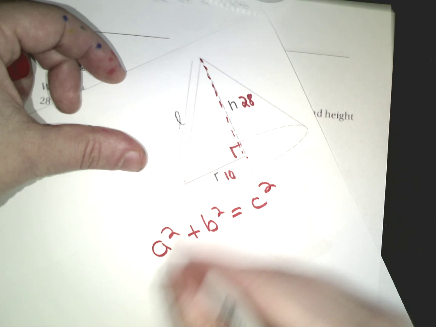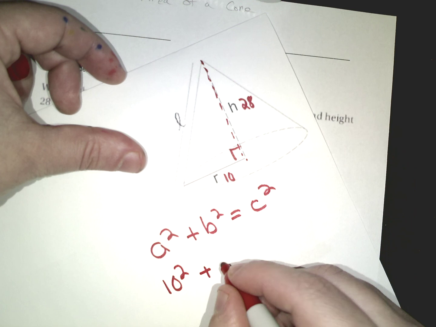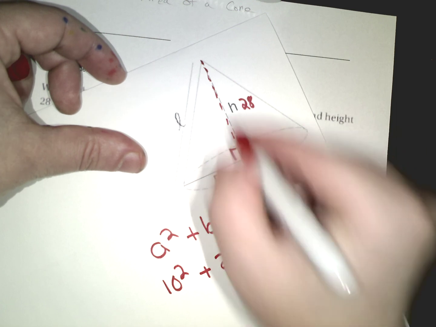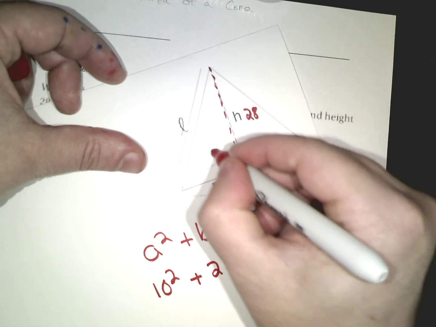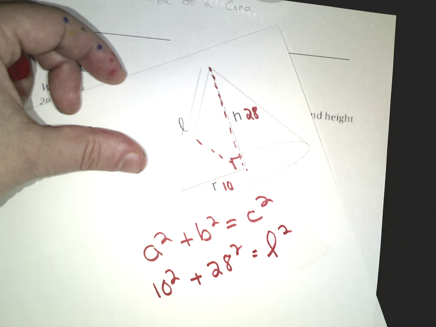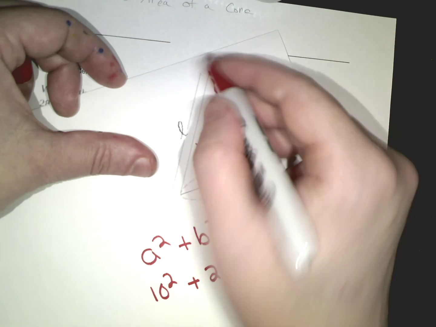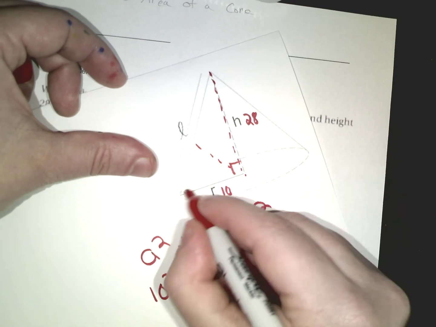Now, I can make either one of these A and B, so I'll go 10 squared plus 28 squared. Remember, this is the hypotenuse because it's across from the right angle. I'll call it L squared, just to make things interesting, because that's what we're solving for. L squared is definitely the hypotenuse of this one.